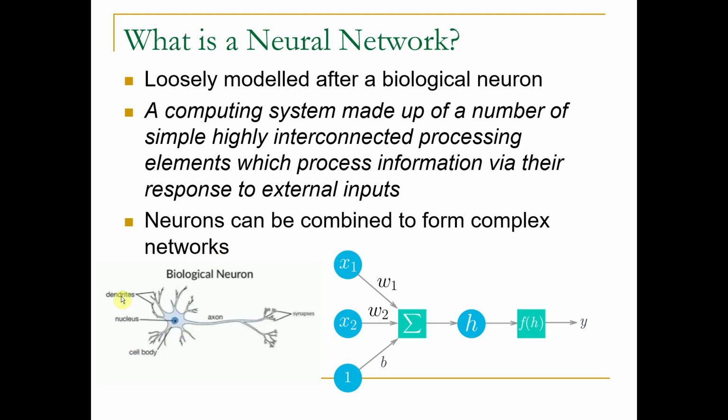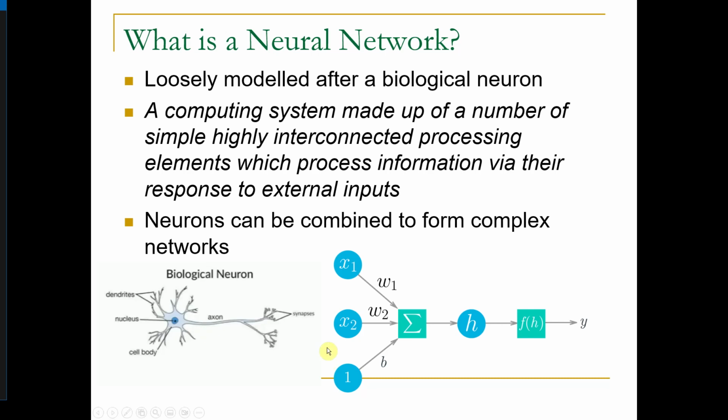So you've got inputs, there's some processing, and the information is said to travel down this axon and jumps to the next neuron via these synapses. In a similar, certainly not identical fashion, neural networks can be connected together to form more complex networks.